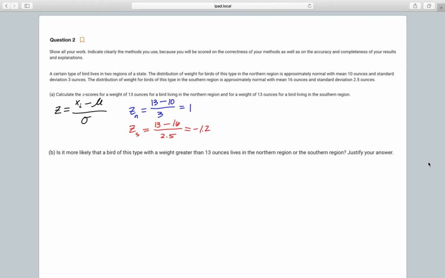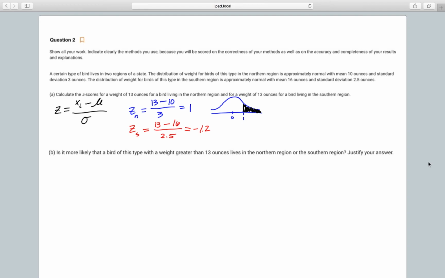Is it more likely that a bird of this type with a weight greater than 13 ounces lives in the northern region or the southern region, and justify your answer? And so for this, we want to look at their respective distributions, right? So they're both normal, and we standardized both of them, but in the northern region, a bird of 13 ounces had a z-score of positive 1, which means this is the area to the right of that.